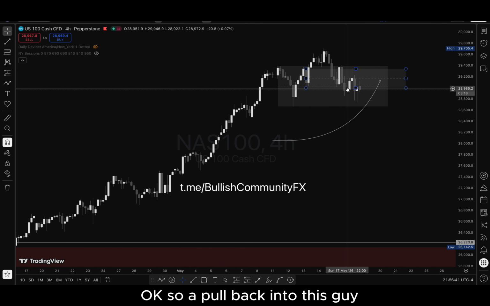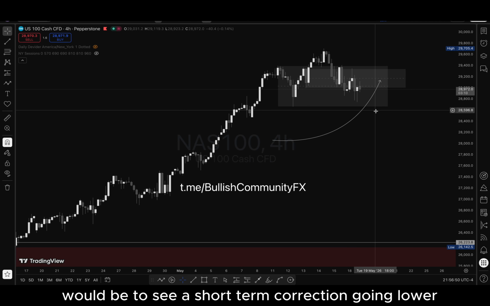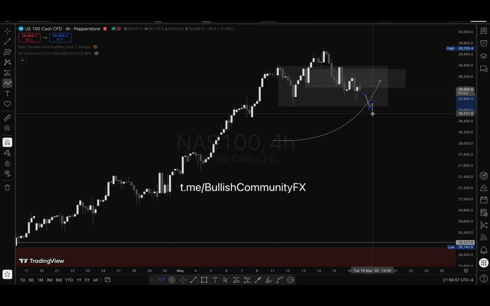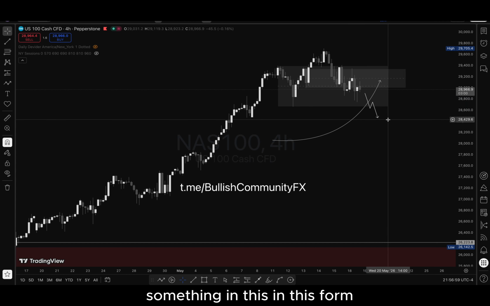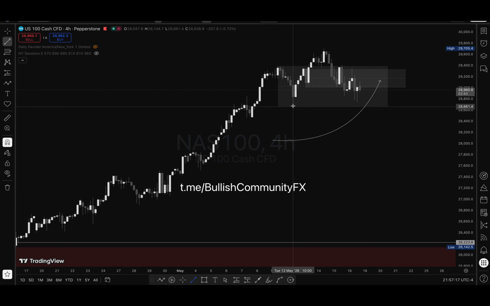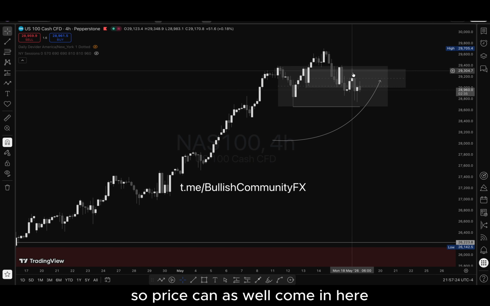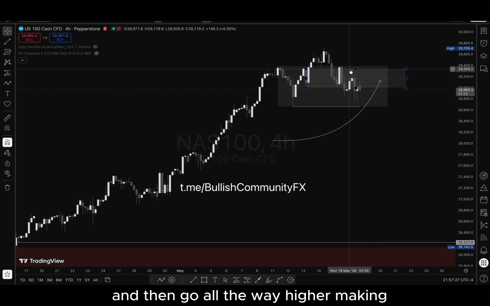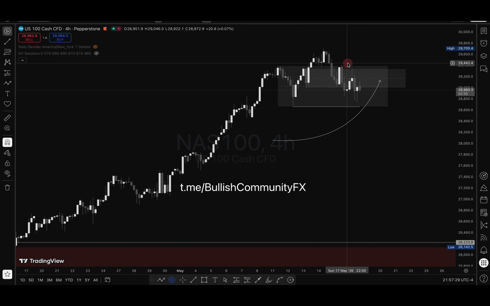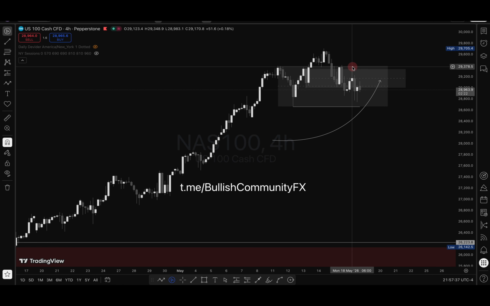Okay, so a pullback into this, ideally given the behavior, would be to see a short-term correction going lower, something in this form, something like this. So until price takes out this low, this remains an uptrend. So price can as well come in here and then go all the way higher, making this high here the high that sent price lower and then got broken, right?